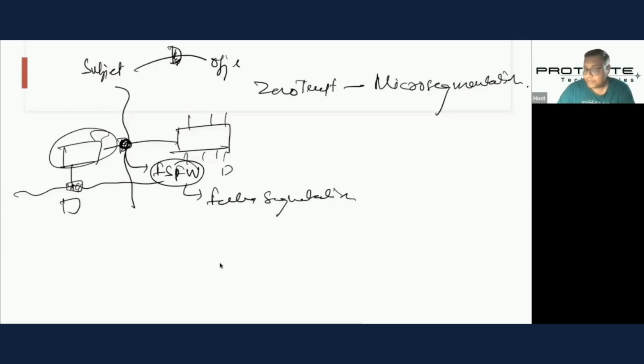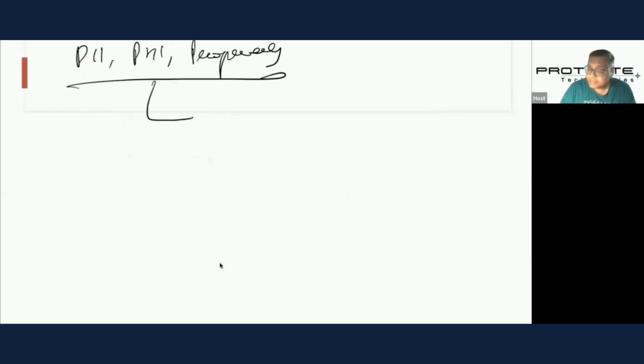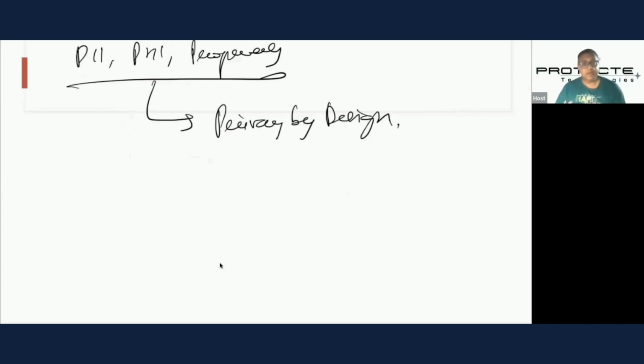Then whenever you are designing systems, if your systems are going to handle PII or PHI or proprietary data, you need to design the systems with the factor of privacy by design. That means when you're designing systems which are going to handle privacy data, you ensure that privacy aspects are incorporated in the system.